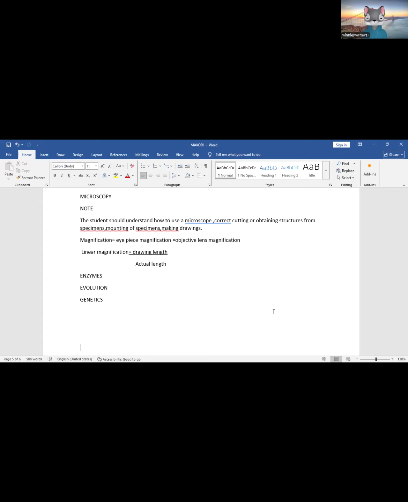In this year's examinations, the students were supposed to peel a part of the epidermis of the cells and place it within the microscope, then observe the stomata and the epidermal cells. Most students had a challenge on how to peel the epidermis.